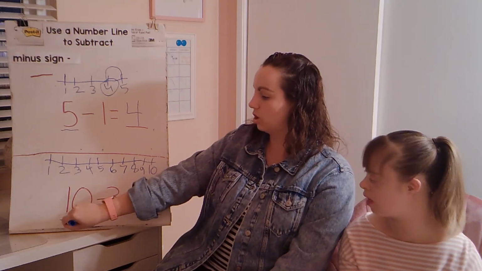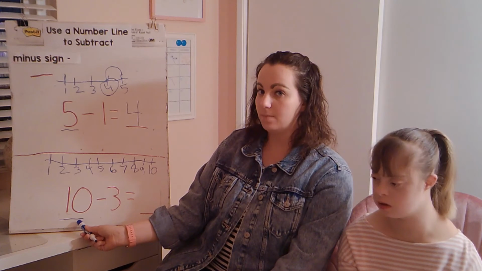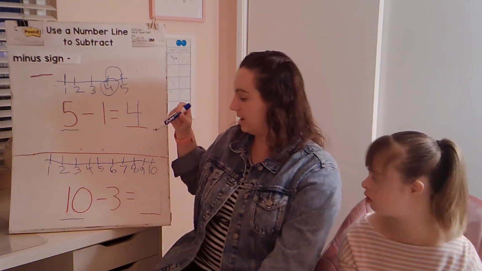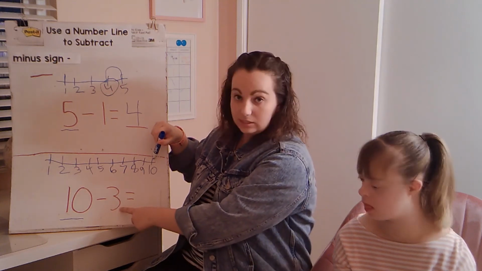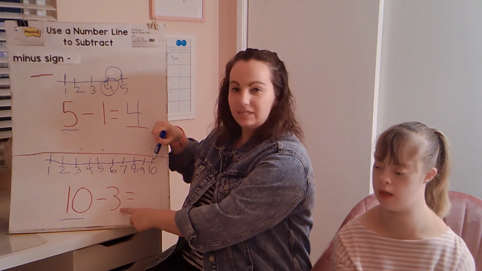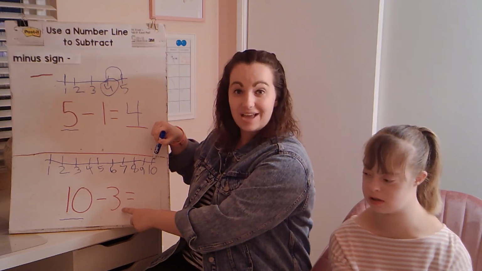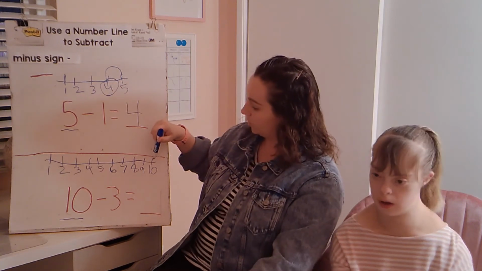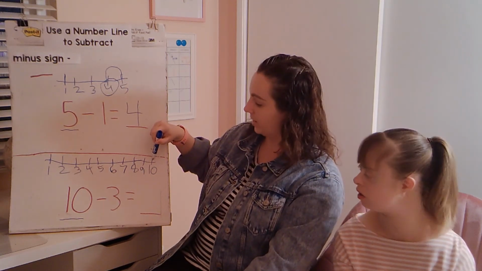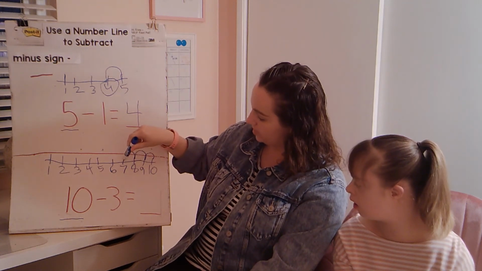Remember, you start at the number you're subtracting from, the large number. And you're going to go back, so I'm going to find 10 on the number line. How many spaces am I taking away? How many spaces do I go back? 3, yes. So I'm going to start at 10, I'm going to count back 3. 1, 2, 3.